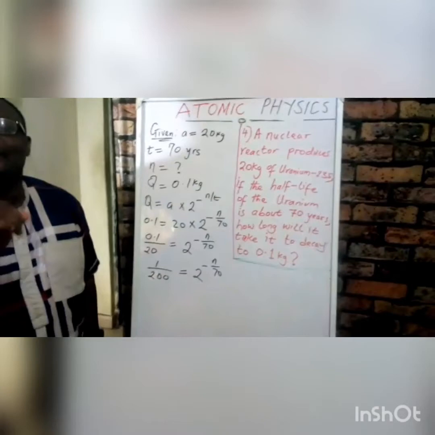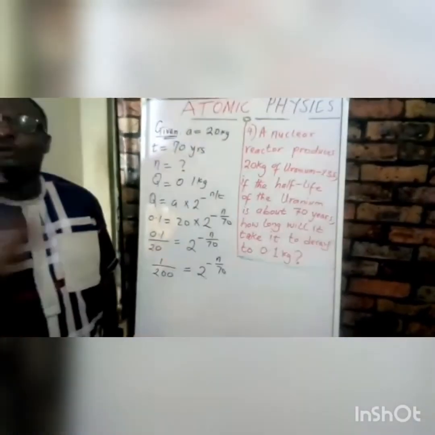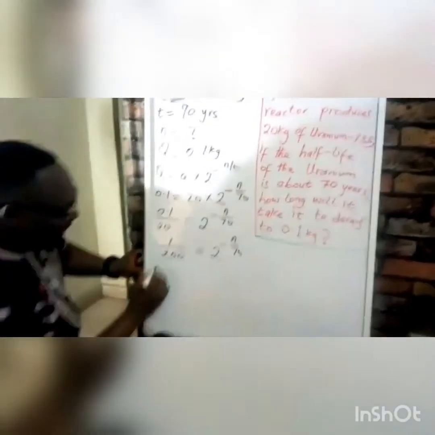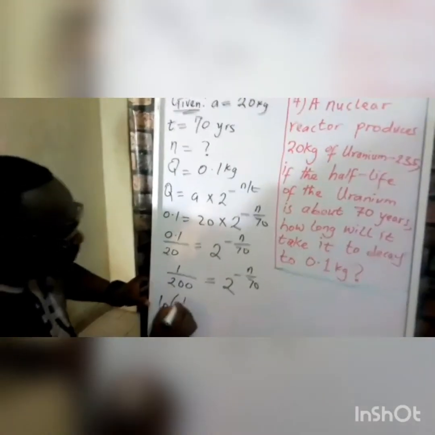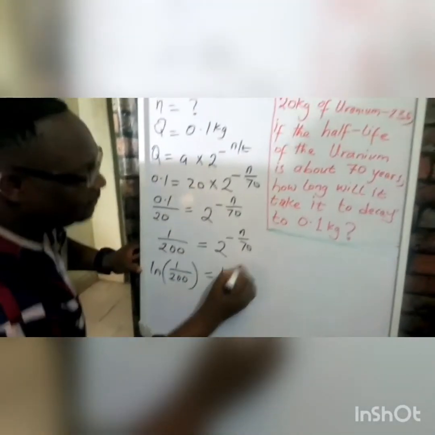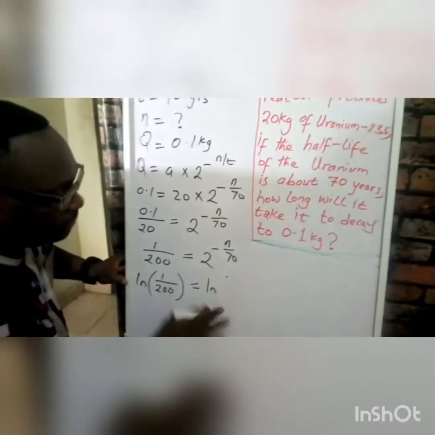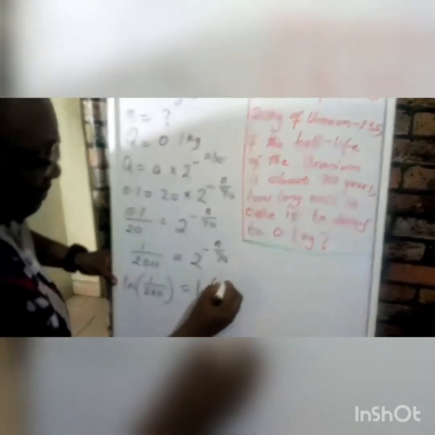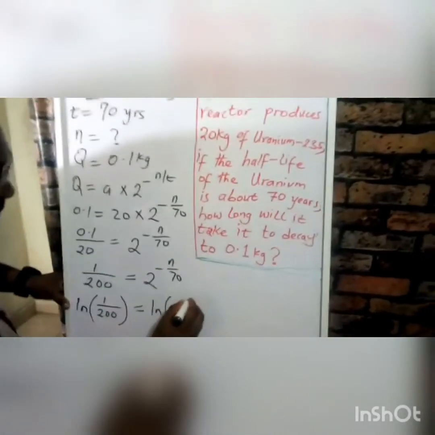You apply the natural log to both sides. You put ln to both sides, the natural log to both sides. So ln 1 over 200 is equal to ln 2 raised to the power minus n over 70.